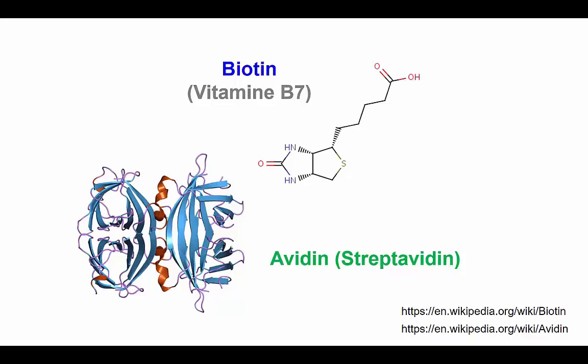The Kd value of this complex is 10 to the minus 15 molar. 10 to the minus 15 is a femtomolar concentration, which is much higher affinity than antigen-antibody binding, and can practically be considered as covalent binding.